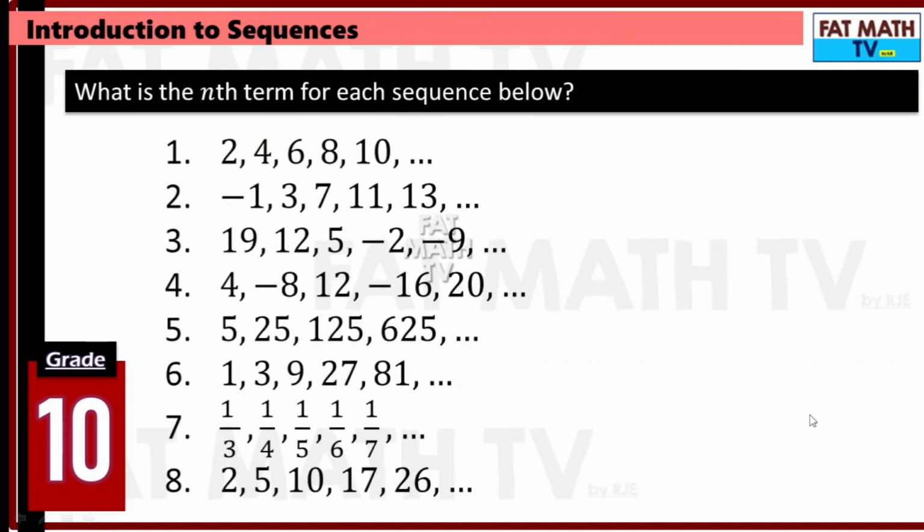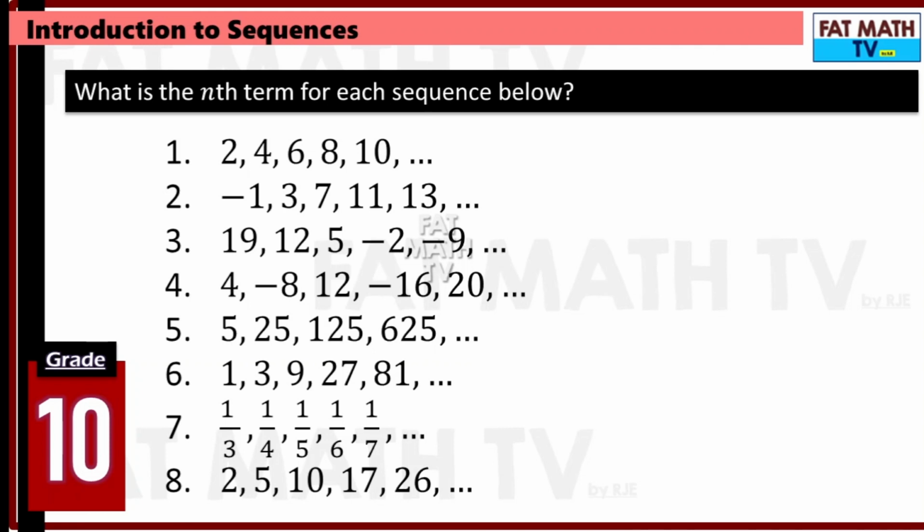What if you're given the first few terms of the sequence and you're asked to identify or to formulate the nth term? So what are you going to do? Of course, you will need to think of the answer. You have to look at the pattern and make n progress from 1 to 2, 3, 4, and 5.